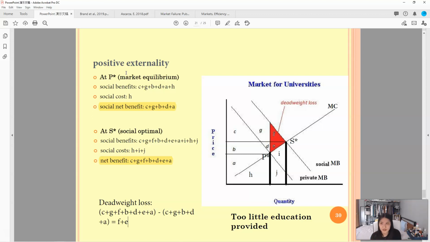So when we find the market equilibrium, that may be good for, for example, the university market, the education market. However, the market equilibrium is not the social optimal, because there is a positive externality from education.